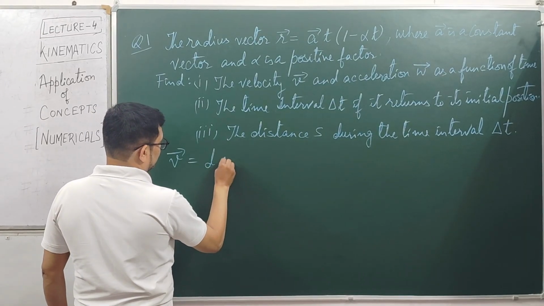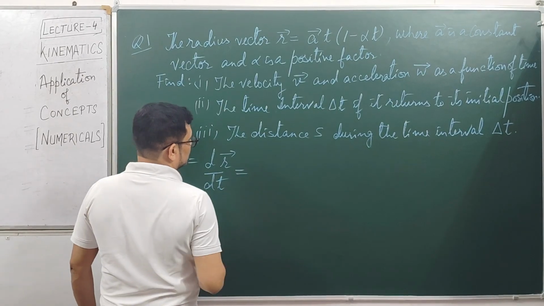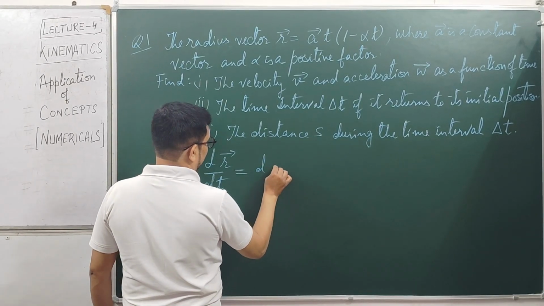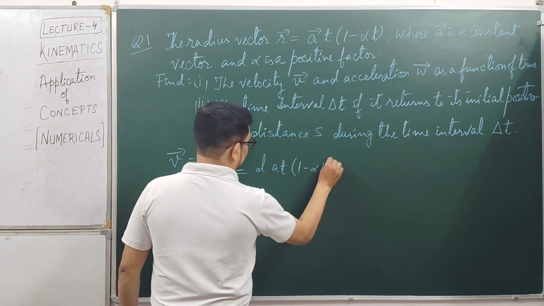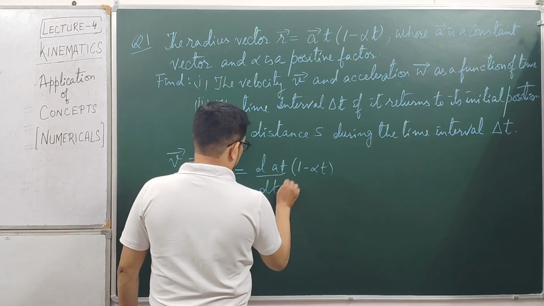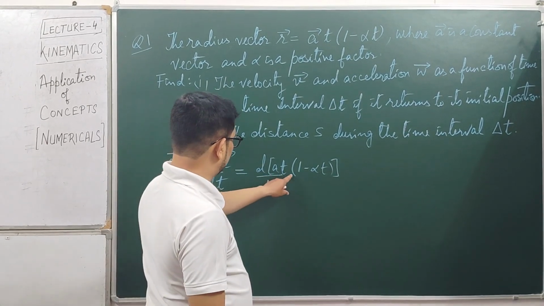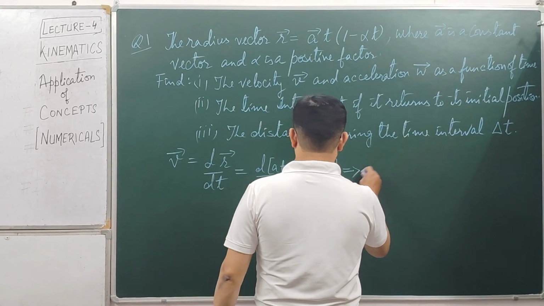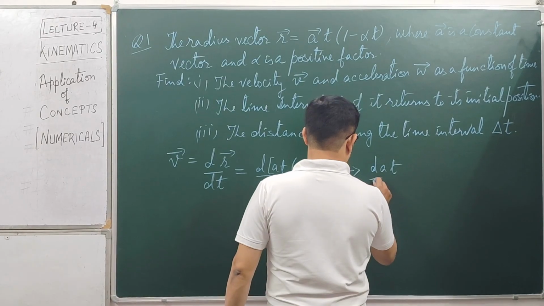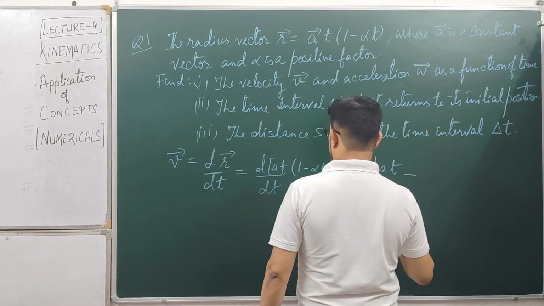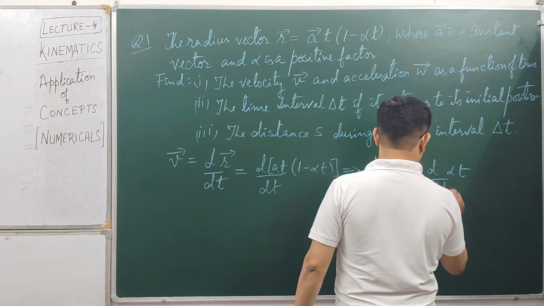So essentially we differentiate dr over dt, which is d of a t (1 minus alpha t) over dt. When we differentiate, it comes out to be d(at) over dt minus d(alpha t squared) over dt.